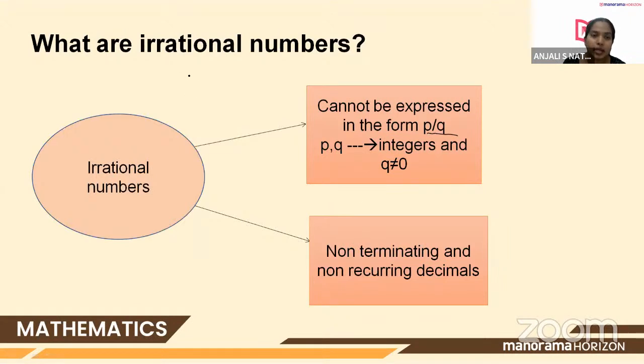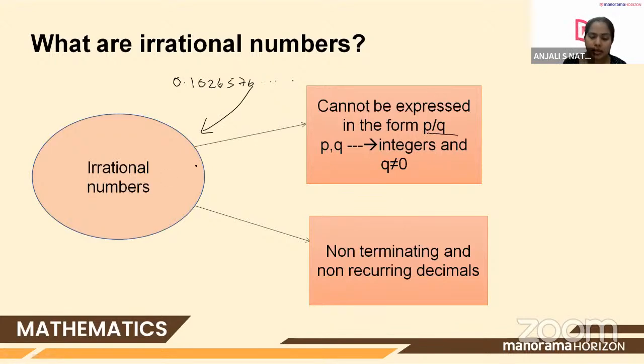If we consider a decimal number like 0.1026576, if it never ends, if it is a non-terminating decimal and it will continue, then this is an irrational number, or non-recurring decimal.